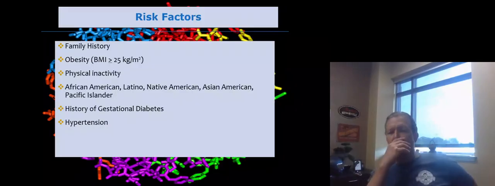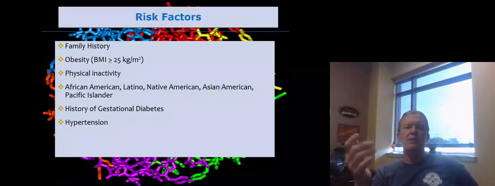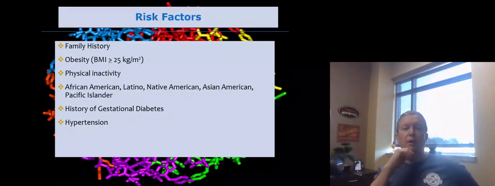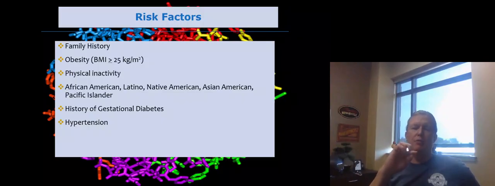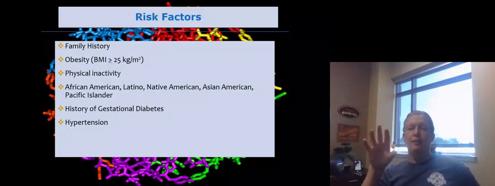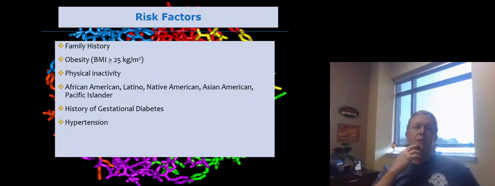Now, some of the predisposing factors, risk factors for developing diabetes: family history. There is a genetic component, particularly to type 1 diabetes. We're continuing to learn about type 2 diabetes. There may be some genetic components there. I'm sure during your professional careers as nurses, there's going to be more revealed about a variety of conditions, specifically diabetes, as well as other endocrine issues, where you'll see more and more genetic associations.